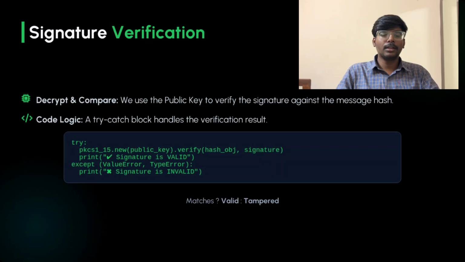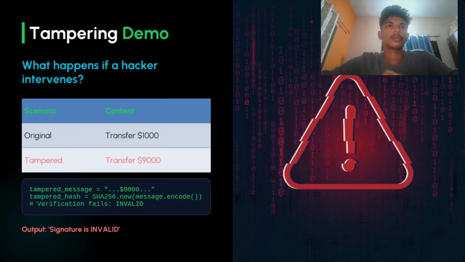Now let's see the demonstration of the project. Coming to the tampering demo. In this step, we demonstrate how RSA detects tampering. We slightly modify the original message. The original message is transfer $1,000 and the tampered message is transfer $9,000. Even though the change is very small, the hash of the message becomes completely different.